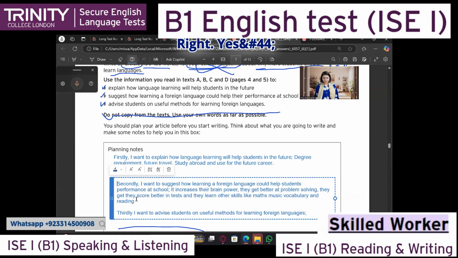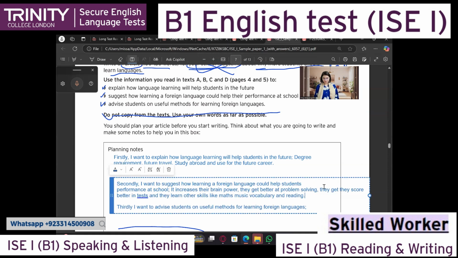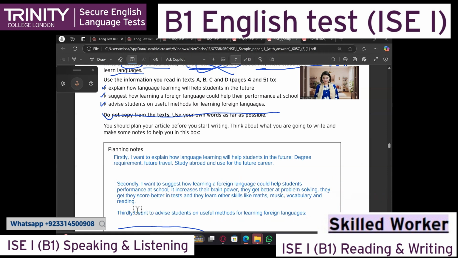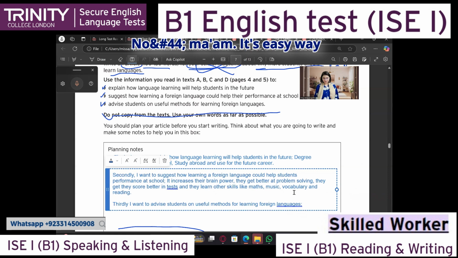Do you understand? Is it difficult? No, ma'am, it's an easy way to solve this.